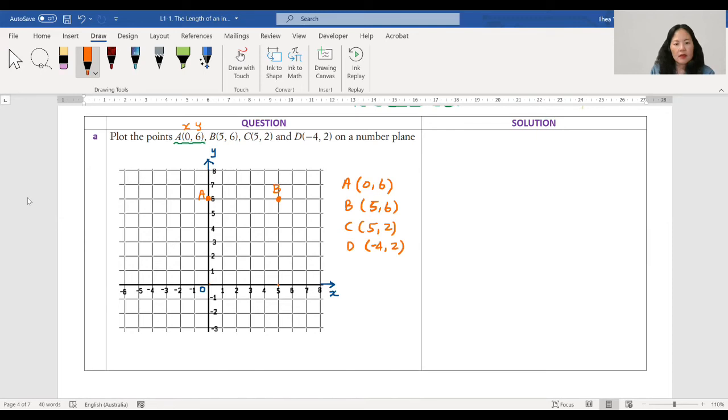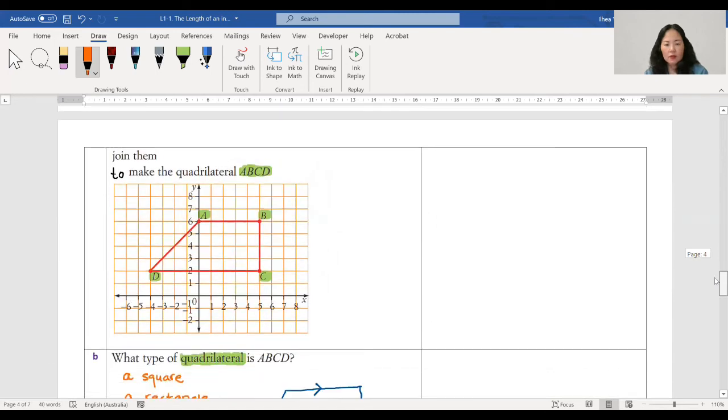That's my B. 5 and 2 for C, still the same, and I went up by 2. That's my C. And D is -4. Okay, we'll start from -4 here, and then went up by 2. That's D. If I join them together, I will have something like this. You need to use a ruler on a grid paper. It's a quadrilateral for sure.